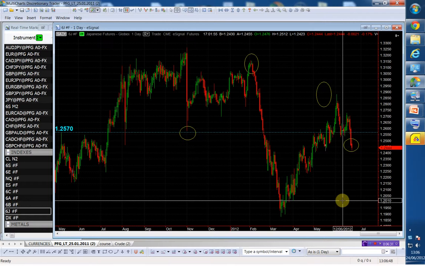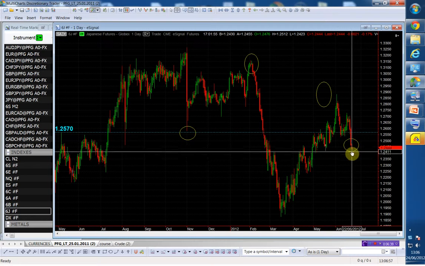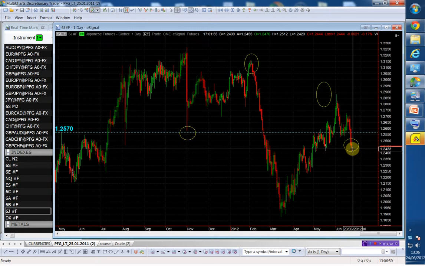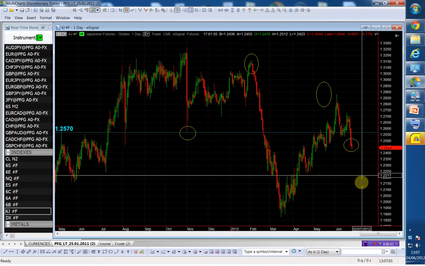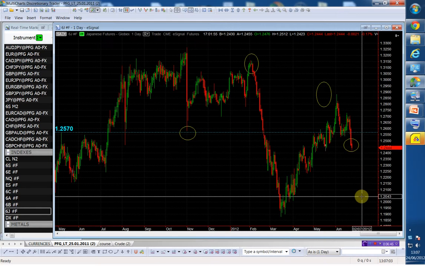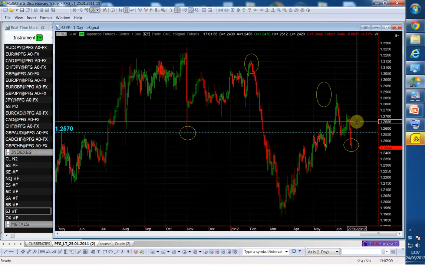And then when we trade below that, and we close below that, and we have what is called a normal close, that is an indication of continuation to the downside. So in this case, the yen now has turned into a selling point.